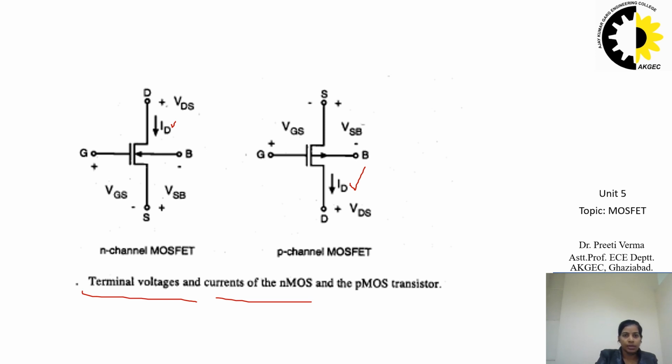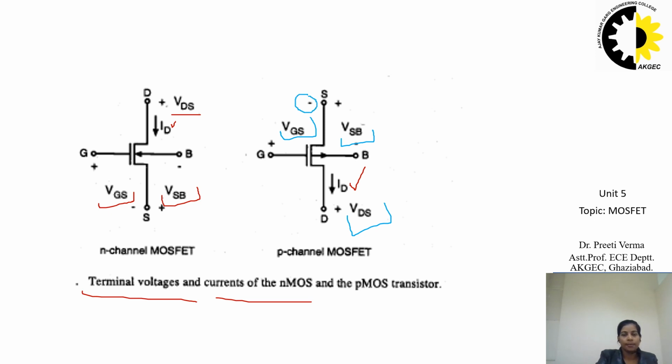The voltage between drain to source is VDS, gate to source is VGS, and source to body is VSB. Similarly, in PMOS, we have source to body voltage as VSB, gate to source voltage as VGS, and drain to source voltage as VDS, with the change in the polarity.